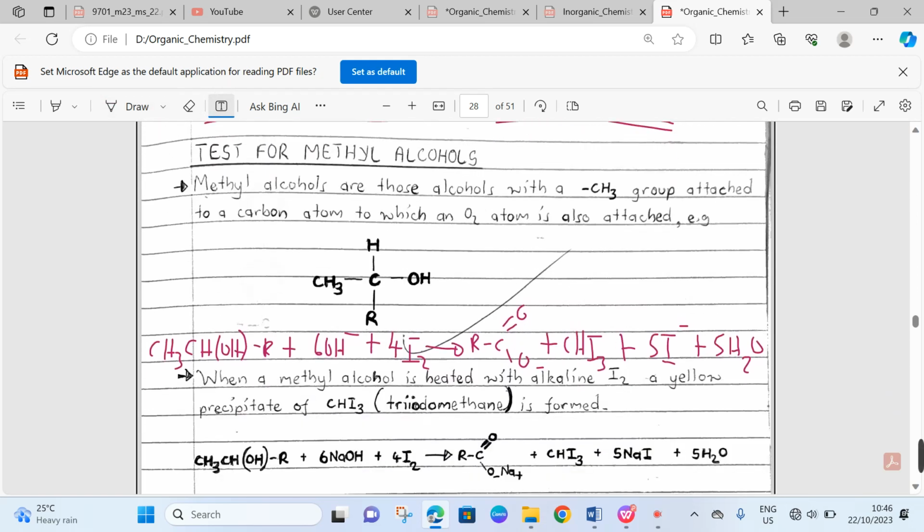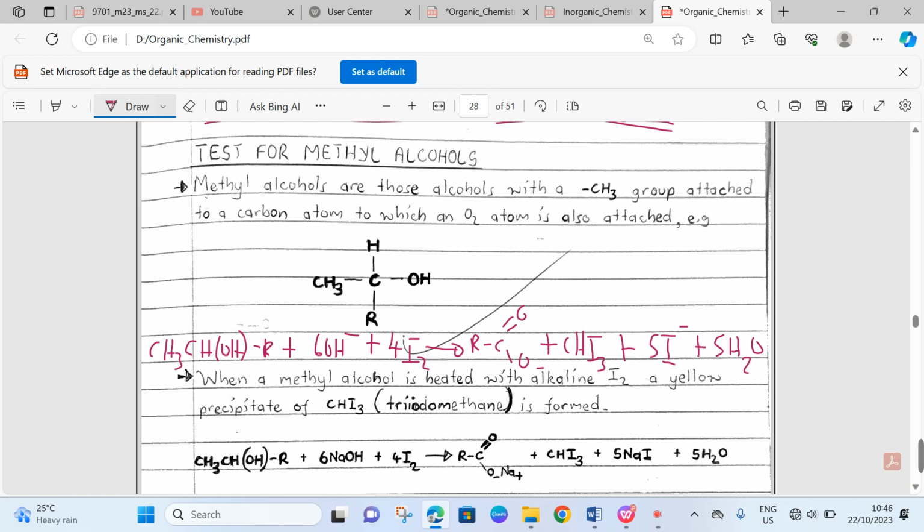So methyl alcohols. What are methyl alcohols? These are alcohols in such a way that they've got a CH3 group attached to a carbon atom, which is attached to an OH group, right? That's all. That's a methyl alcohol. So methyl alcohols react with alkaline iodine to produce a yellow precipitate of CHI3.